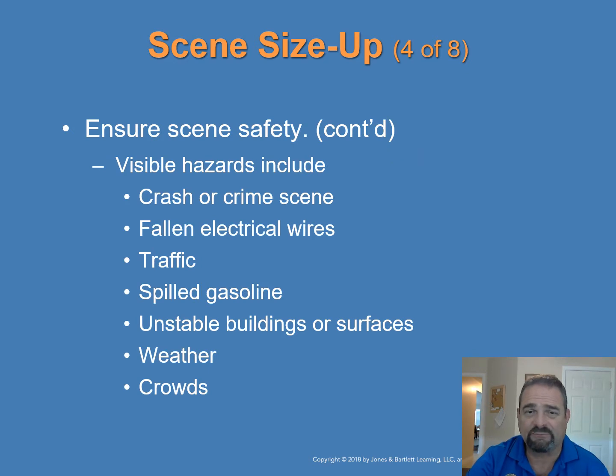All right, so continuing on, that scene size up is going to include a lot of information. Hazards can be visible or invisible. Visible hazards include the scene of the crash, any fallen electrical wires, traffic, spilled gasoline, or unstable buildings or unstable vehicles, a crime scene, weather, crowds, and then unstable surfaces such as slopes, ice, and water.